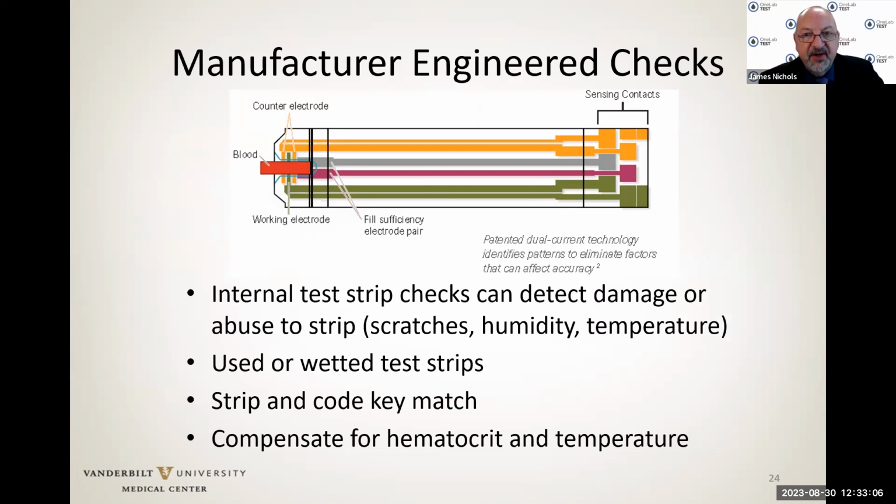We also need to figure some meters automatically calibrate based on the lot number of test strips that's being used, while other manufacturers require you to input a calibration code or some type of chip. If you don't change that chip when you switch to a new lot of test strips, you're now introducing a calibration bias. There are meters on the market as well that can compensate for hematocrit, temperature effects.